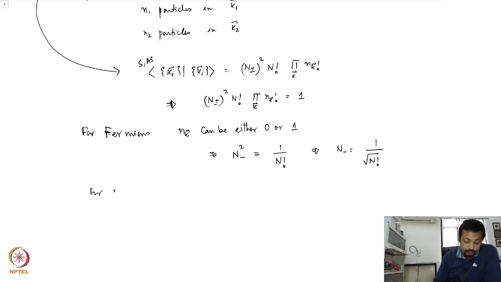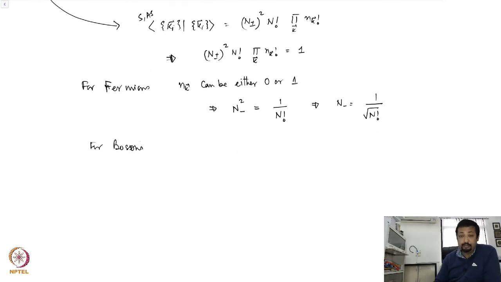For bosons, which have the symmetric wave functions, there is no restriction of nk to be either 0 or 1, it can be anything. So therefore N plus becomes 1 over square root of n factorial times the product over k of nk factorial.